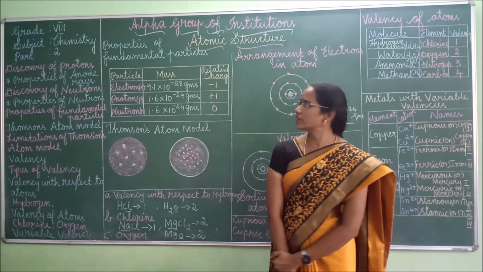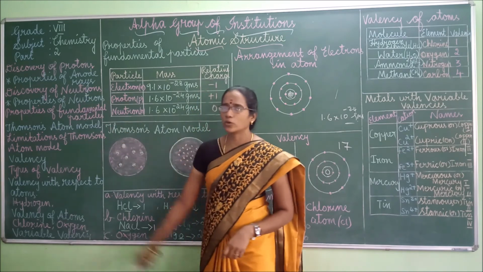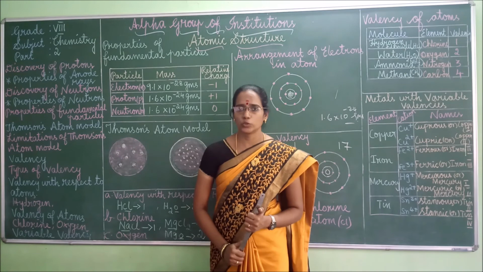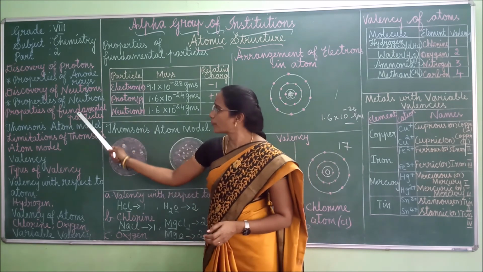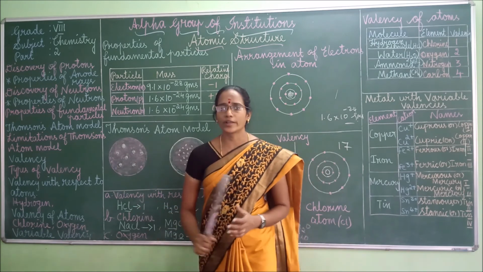So what are the things we discussed today? Discovery of protons, properties of anode rays, discovery of neutrons, then properties of neutrons, followed by properties of the fundamental particles and Thomson's atomic model.